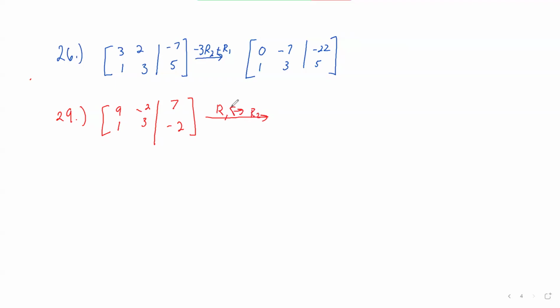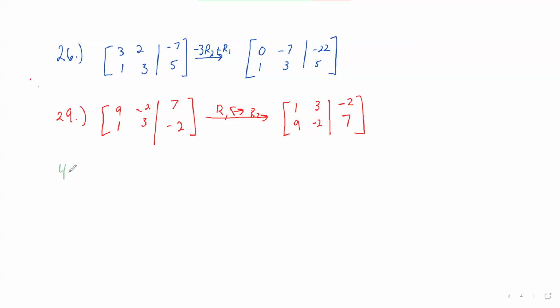That's what this means. When you have arrows in both directions, you're going to swap the two rows. So in this one, row 2 now becomes row 1, and row 1 becomes row 2. And that's it.